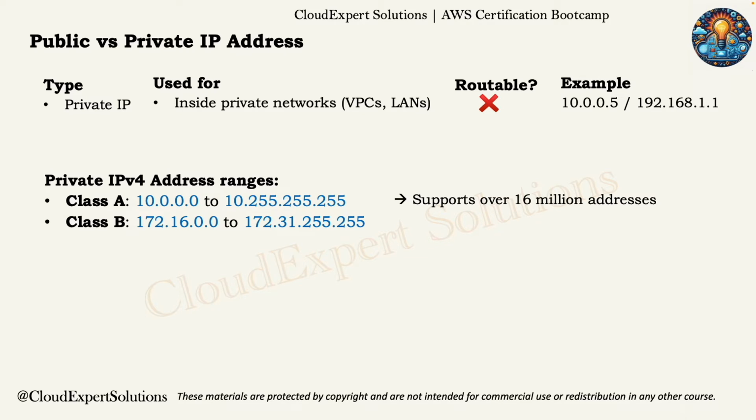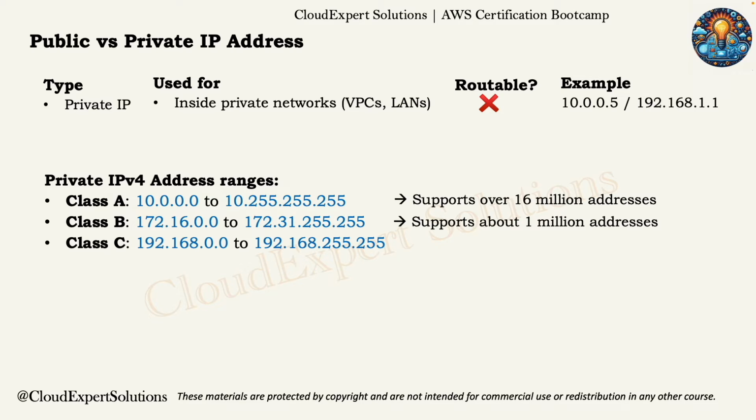We have the second type, which is called class B, and class B private IP ranges are 172.16.0.0 to 172.31.255.255. Class B supports about 1 million IP addresses. That is why it is often used in mid-size networks.